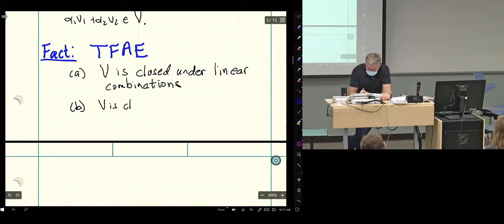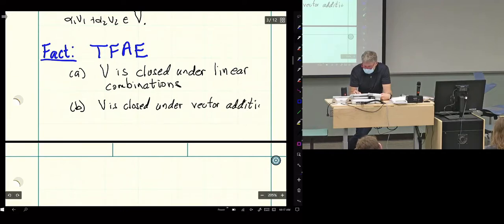V is closed under vector addition and scalar times vector multiplication.